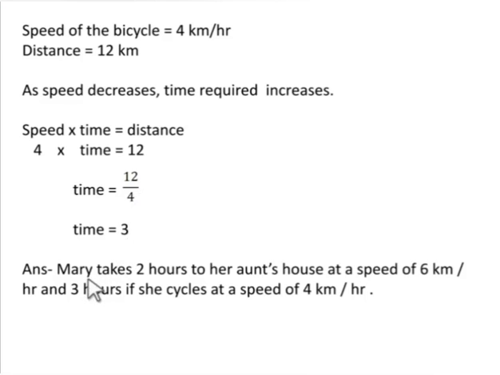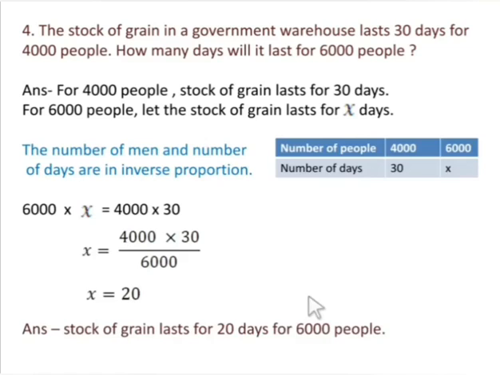That is, if she goes with the speed of 4 km per hour, she will require 3 hours to reach her aunt's house. So we will write the answer. Mary takes 2 hours to reach her aunt's house at the speed of 6 km per hour and 3 hours if she cycles at a speed of 4 km per hour.